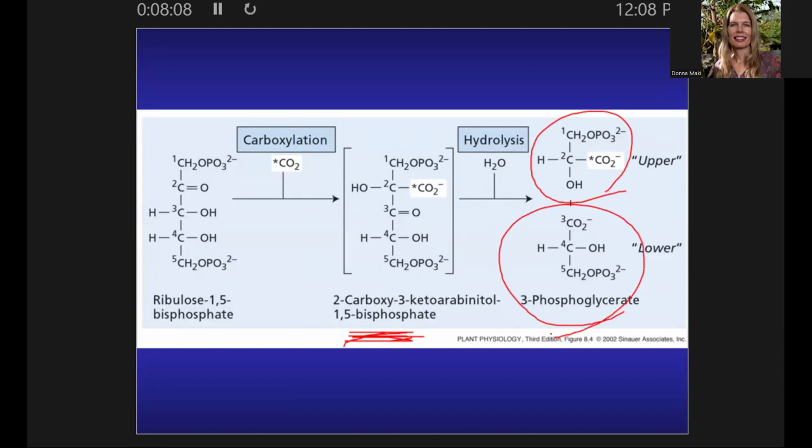Another way to say that is phosphoglyceric acid. So that's why it abbreviates down to PGA, phosphoglyceric acid, or phosphoglycerate. Either way is fine. You don't have to write that all out on a quiz or exam. You can abbreviate that down.